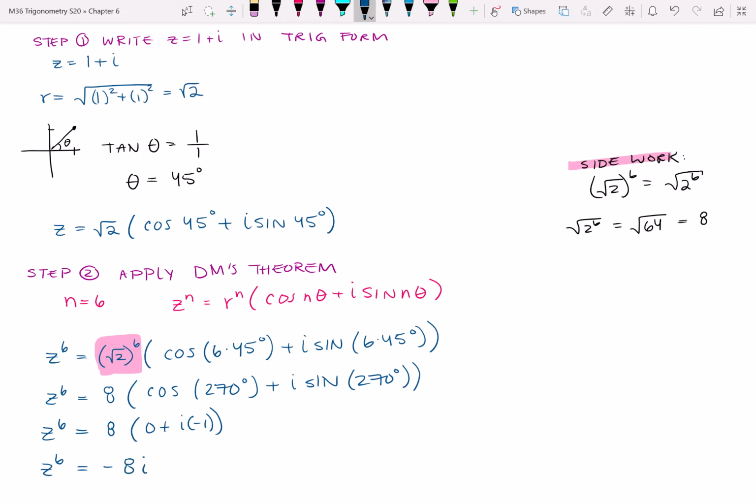So hopefully you didn't think that this was too much work. I mean, again, you could have just done 1 plus i, multiplied by itself 6 times, and you would have also got -8i. But again, hopefully you find De Moivre's theorem useful. So z to the 6th power is going to be -8i, given that my complex number z was 1 plus i.